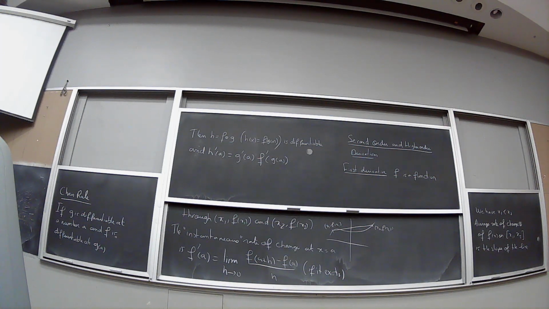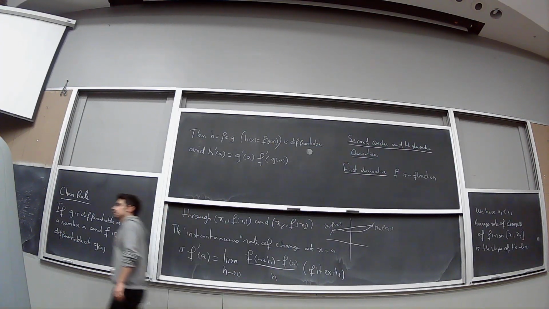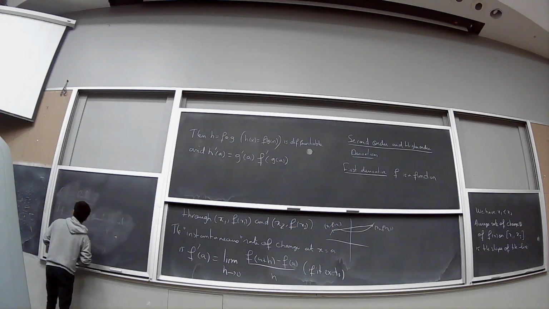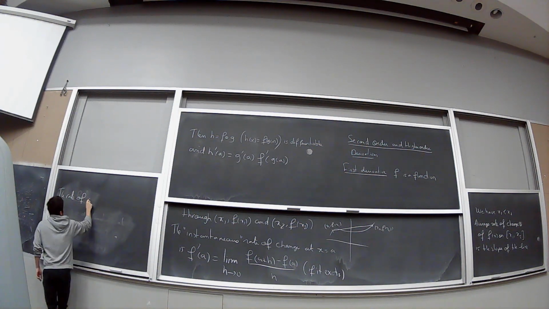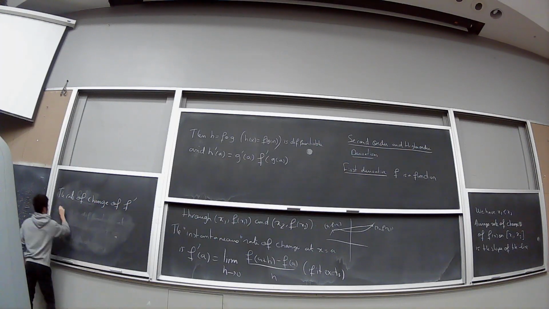Yeah. Okay. Now I can do the same thing for the derivative. Instead of doing the rate of change of f, I can do the rate of change of f prime. So when we do the rate of change of f prime, we look at the rate of change of f prime on x1, x2.